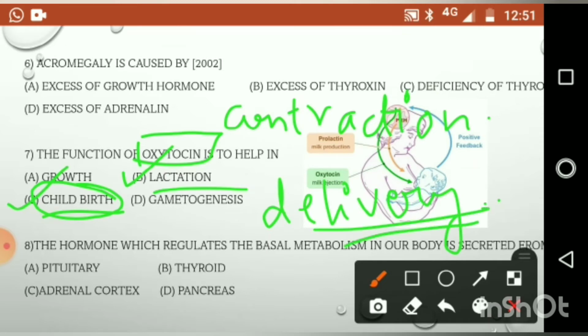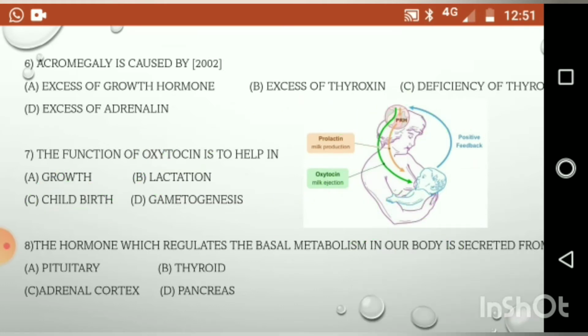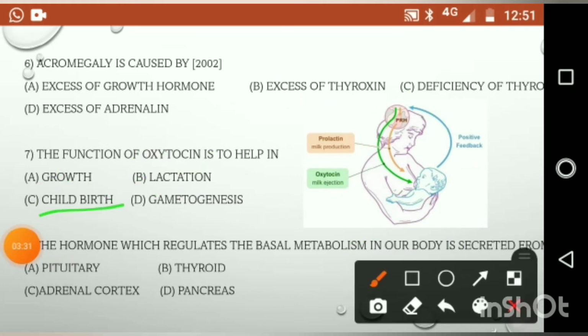This is one function of oxytocin. The other function of oxytocin is lactation.